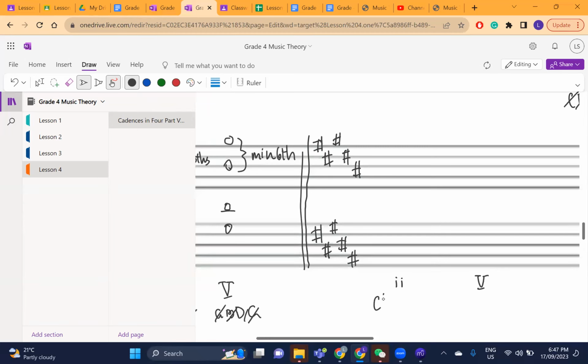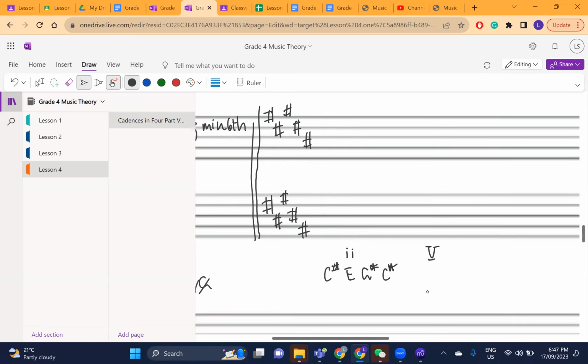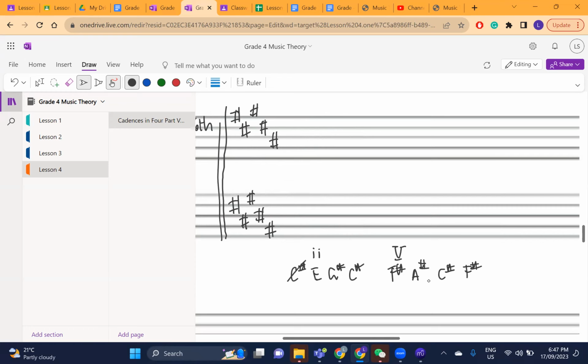In B major, chord 2 is C sharp, E, G sharp, and C sharp. Chord 5 is F sharp, A sharp, C sharp, and F sharp. C to F, as always, goes in the bass. The note in common is C sharp. I'm going to put this here.